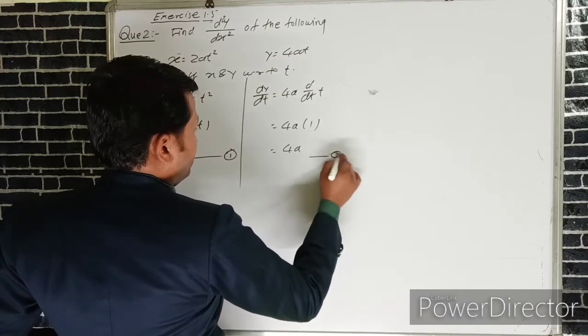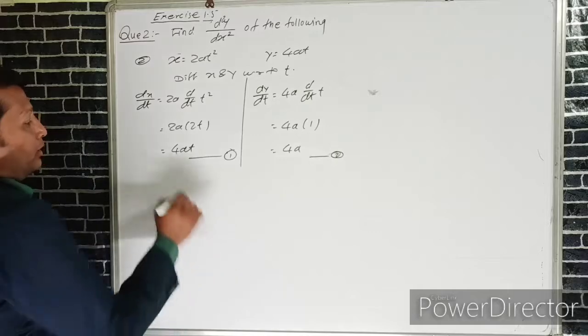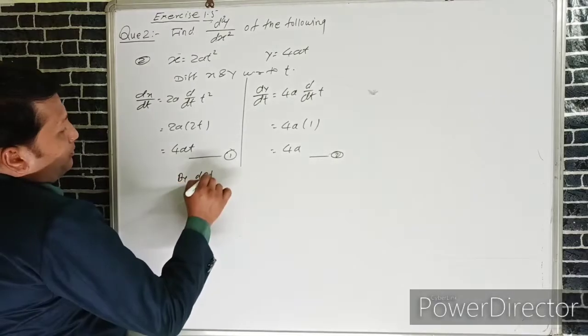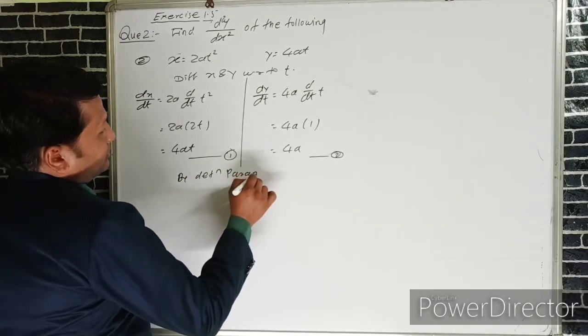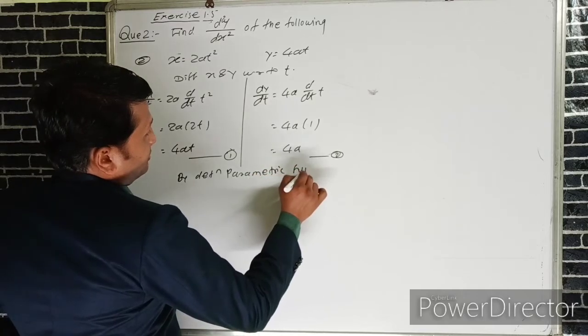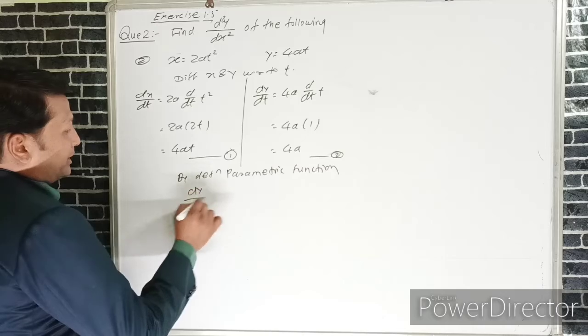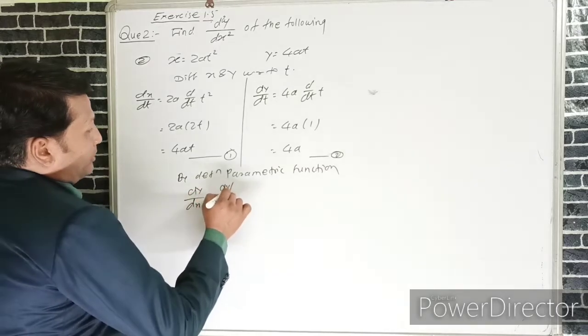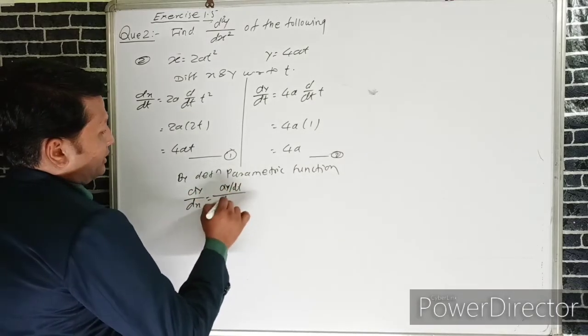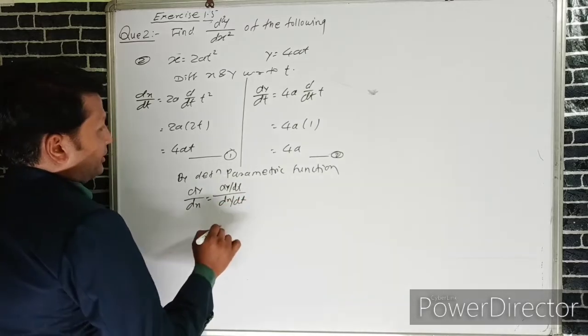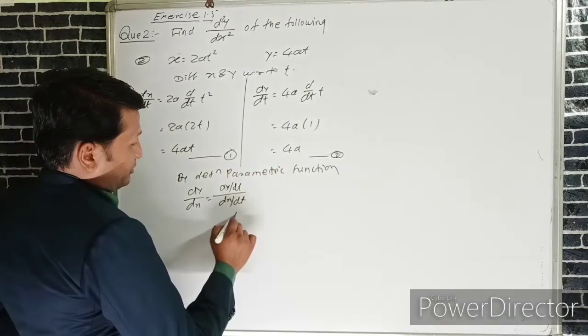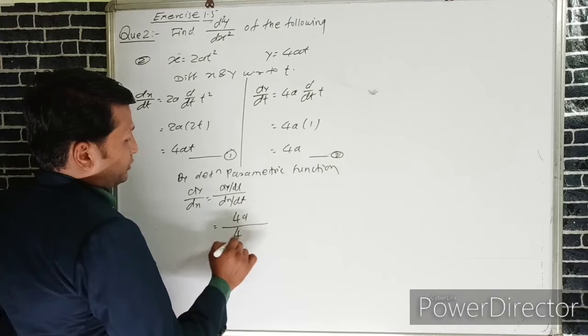So by using the definition of parametric function, we can write dy upon dx equals dy by dt upon dx by dt. dy by dt is 4a and dx by dt is 4at.